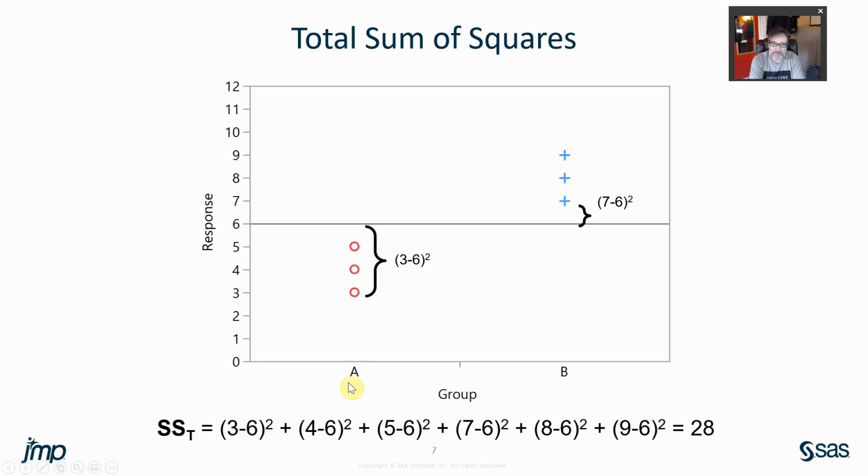So 3 minus 6 is minus 3, to the power of 2, which is 9, plus 4, and then 1. So 9 and 4 and 1 is 14, and likewise you've got the same variance here, so they all add up to 28.